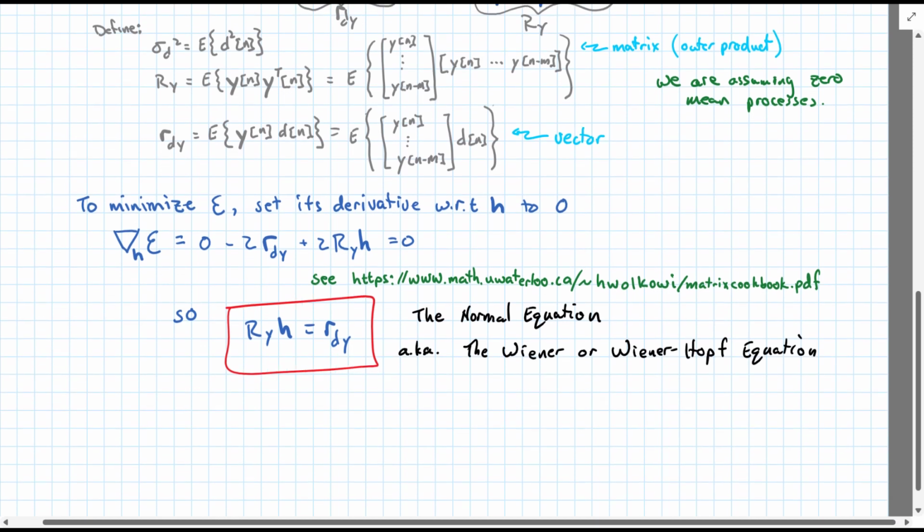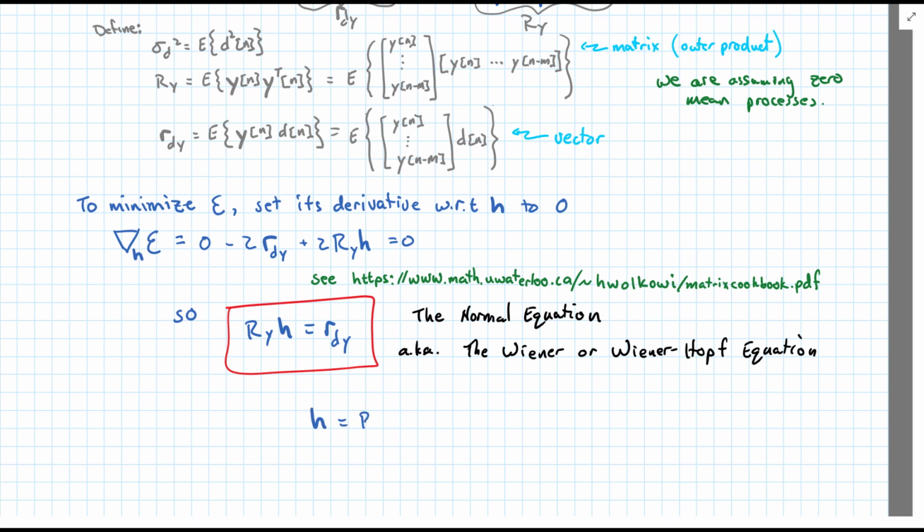Once we have this equation, we can solve for the optimal filter. H is simply going to be R_y inverse times r_dy.